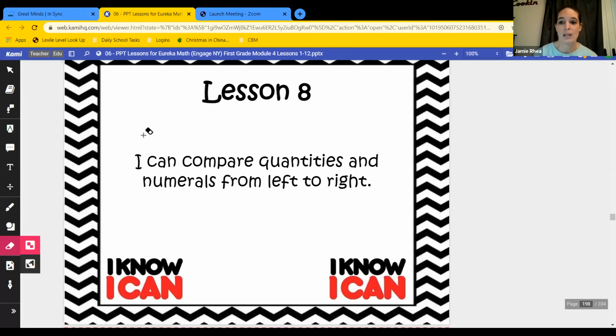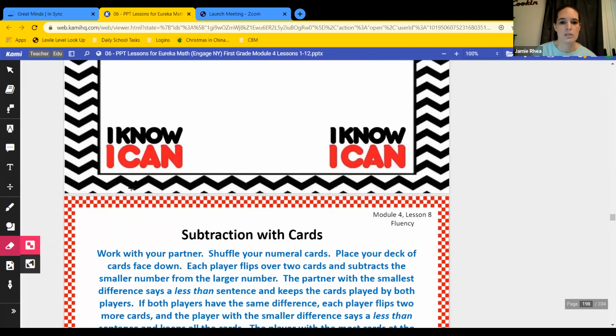But today we're going to look at it from left to right, and we're going to start using some new words. We've seen and heard these words, but we're going to actually use them today: greater than, less than, and equal to.